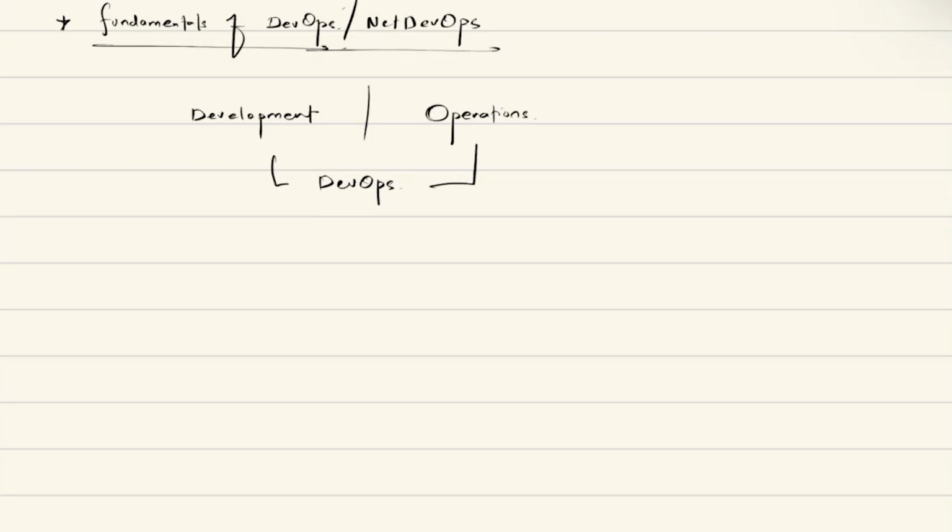One was the development team, who would write the code and make your applications and software ready. Then there was the operations team, whose responsibility was making that application publicly available, pushing that development out onto the production environment.